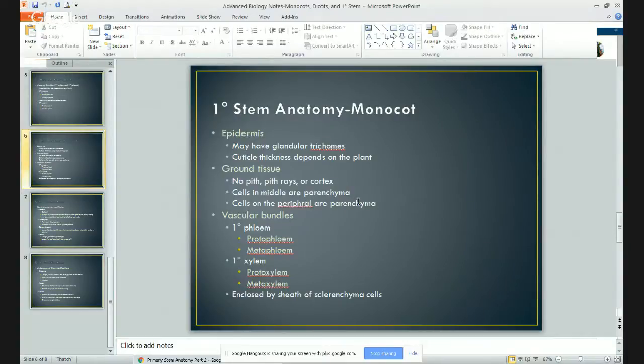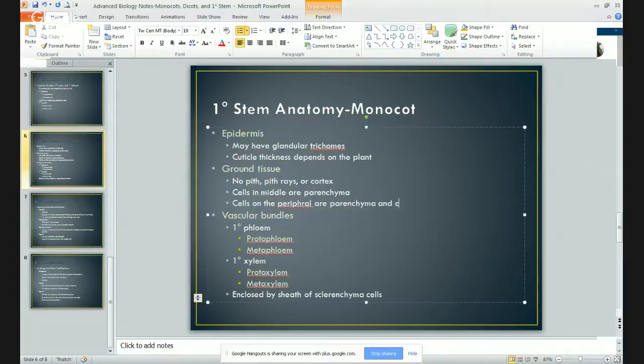In addition to the parenchyma cells on the peripheral, you also have some sclerenchyma cells. So cells in the peripheral are going to be parenchyma and sclerenchyma cells for some support. So anyway, now moving on to your vascular bundles.